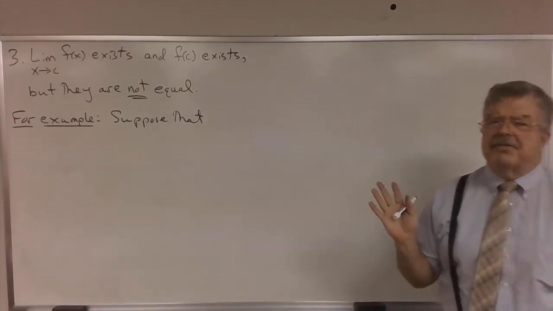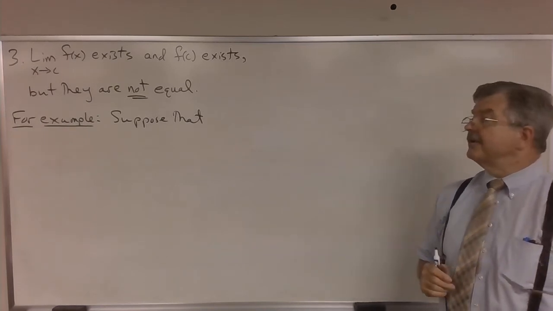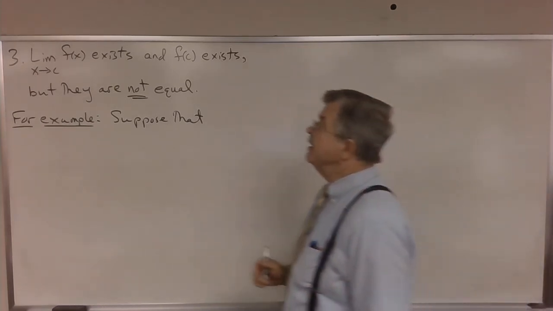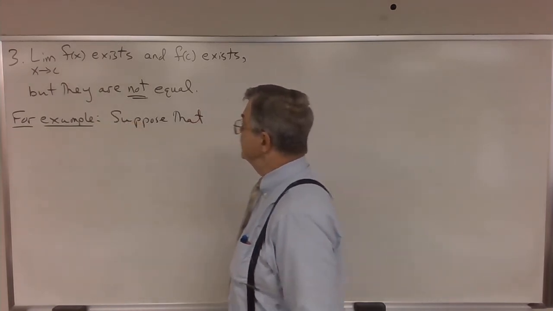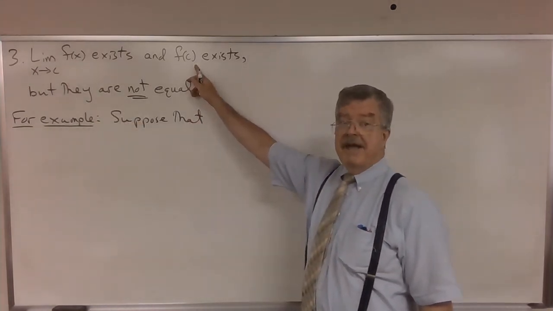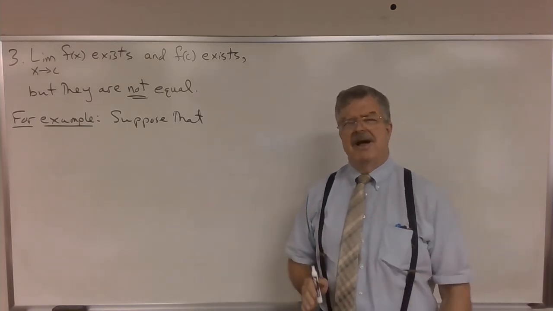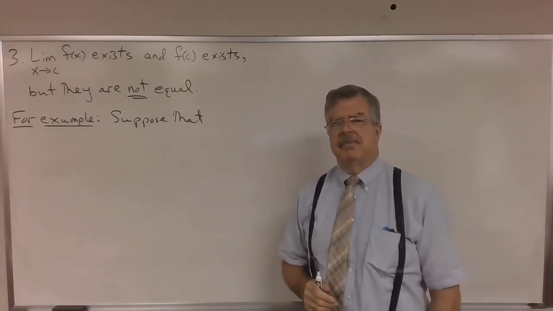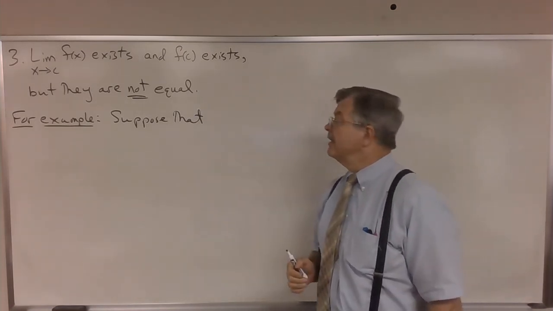Okay, here's the third thing that can go wrong, along with its graphic depiction. The limit as x approaches c of f of x exists, and f evaluated at c exists. They're just not equal. Now let's get a graphic depiction of this.